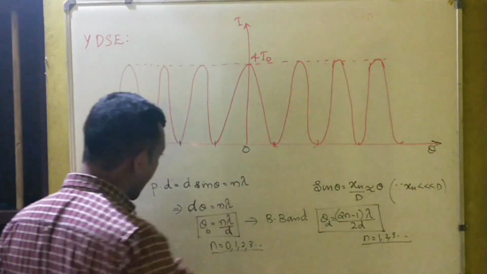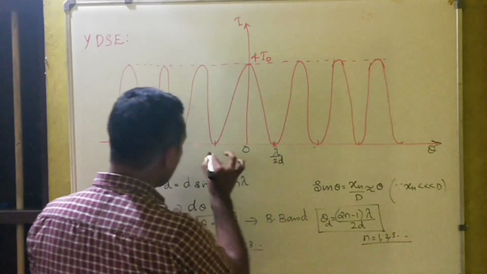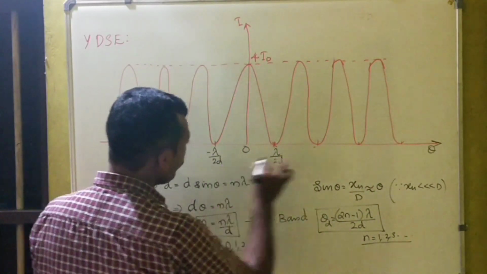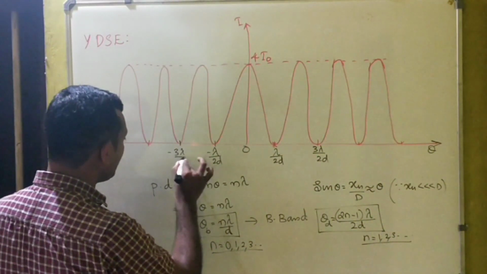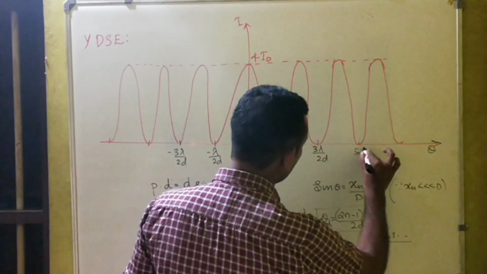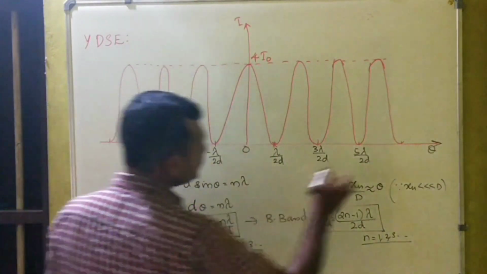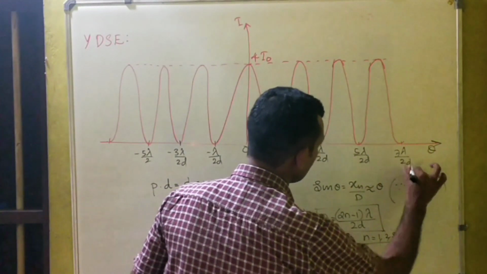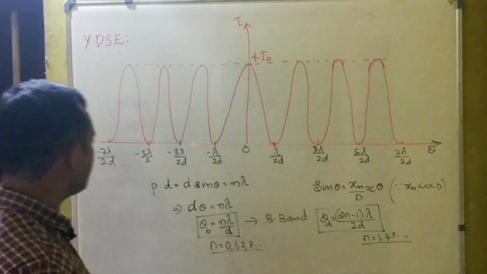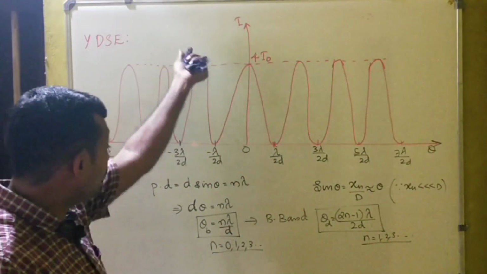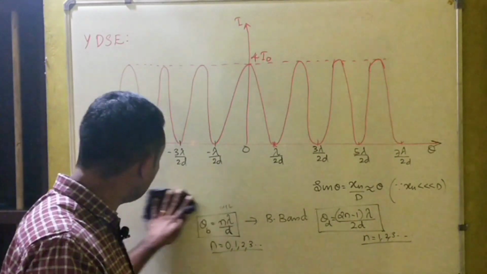I'm going to say first dark band, so we obtain lambda divided by 2d, minus lambda by 2d, 3 lambda divided by 2d, minus 3 lambda divided by 2d, 5 lambda divided by 2d, minus 5 lambda divided by 2d, 7 lambda divided by 2d, minus 7 lambda divided by 2d. So these are the values we are getting, right? These are the values we are getting for the angular fringe width. So in terms of theta, angular width of the nth maximum, nth minimum.